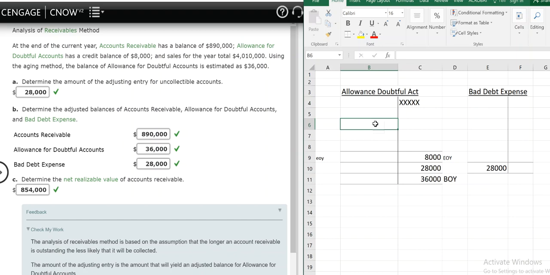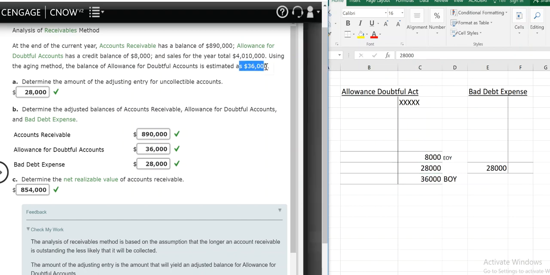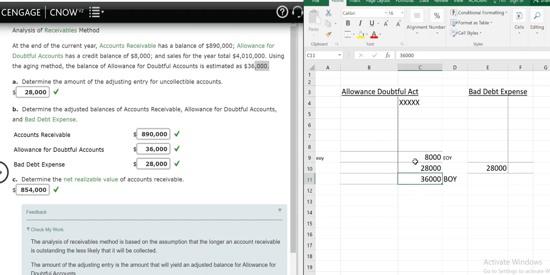Another customer, you debit this account, credit accounts receivable. So if at the end of the year the account has a credit balance of 8, that tells you the amount was more than enough to cover all the write-offs. So this year, when you want $36,000 based on your aging analysis, the account still has $8,000 left over, so I only need to debit the expense for 28.